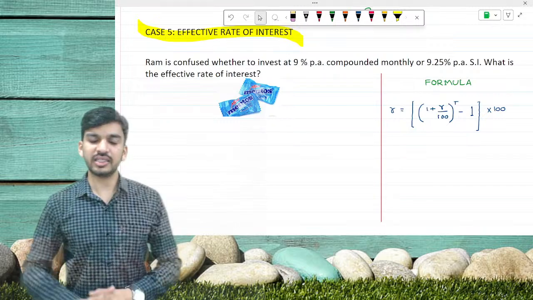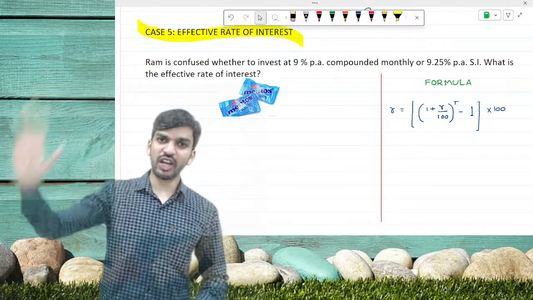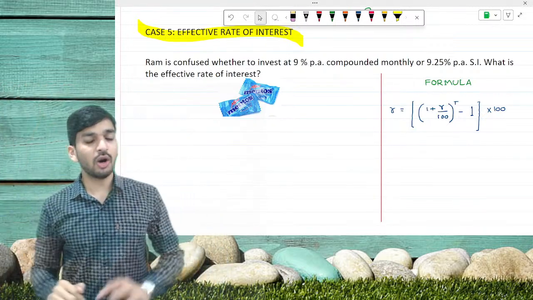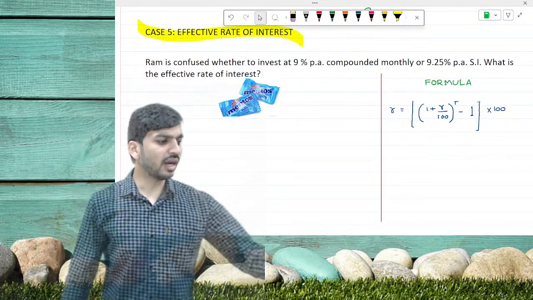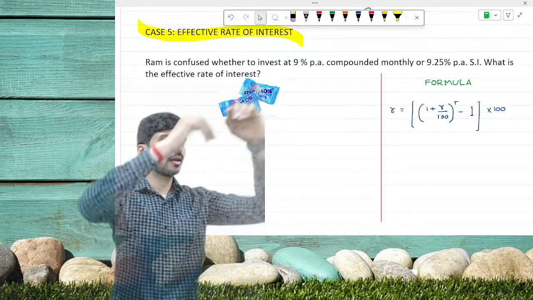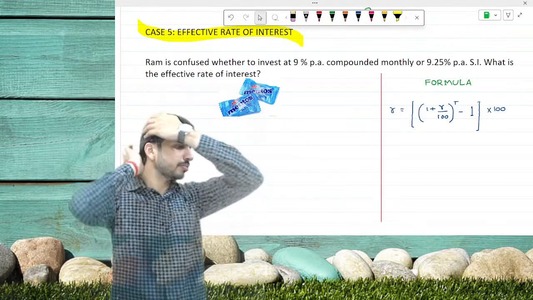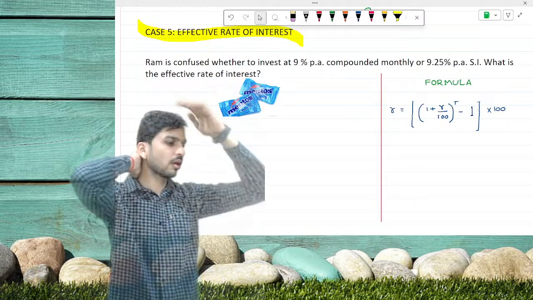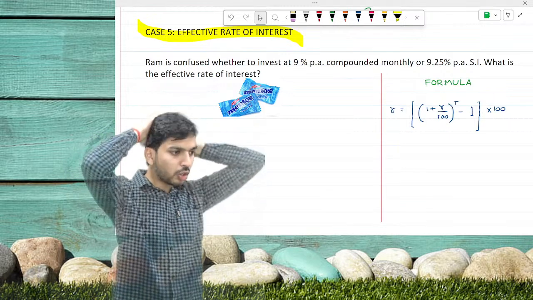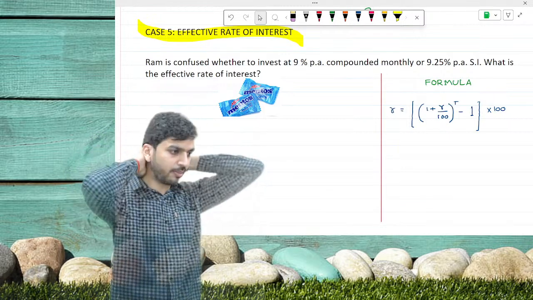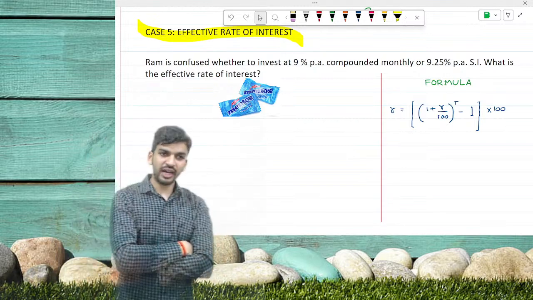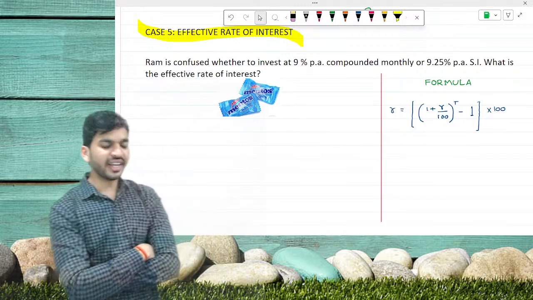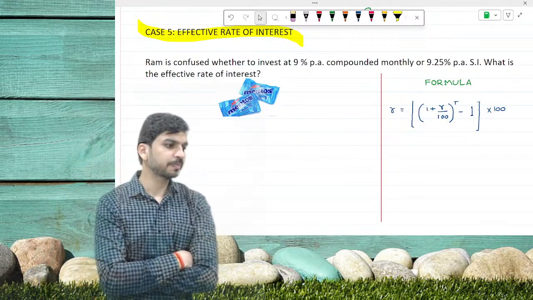Is the first bank giving 5% compound interest, or the second bank 7% simple interest? Which one is better? What do you think? Is it first bank or second bank? Or cannot be determined? There are three options: bank 1, bank 2, or cannot be determined.